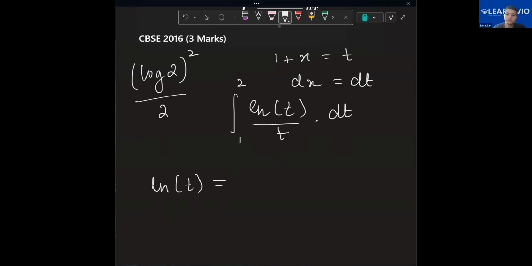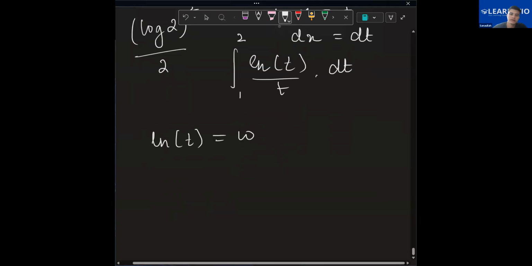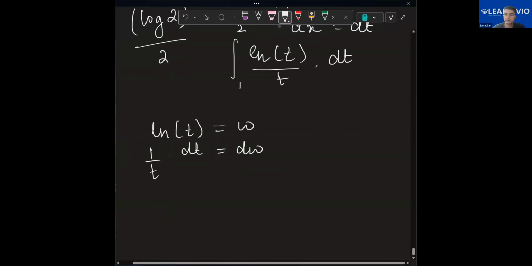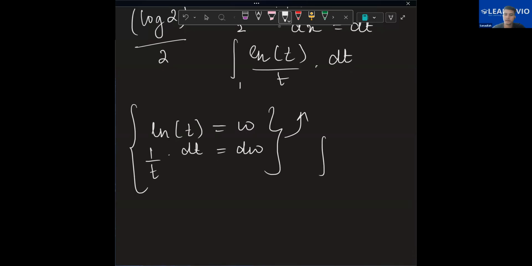And here you will suppose ln t is w. इसका डेरिवेटिव होगा 1 over t dt is equals to dw. Now substitute that in this equation.